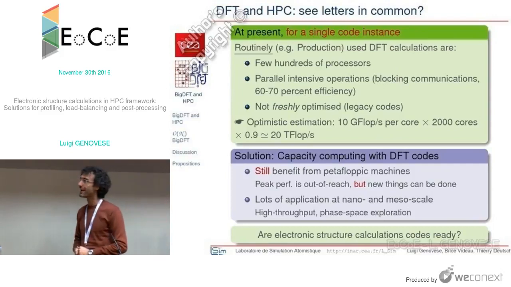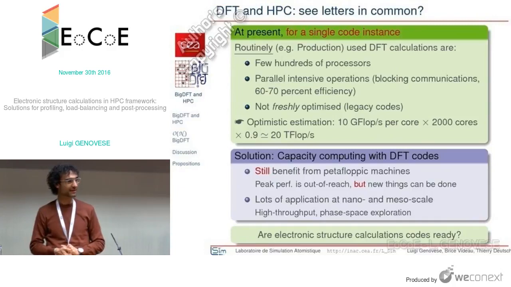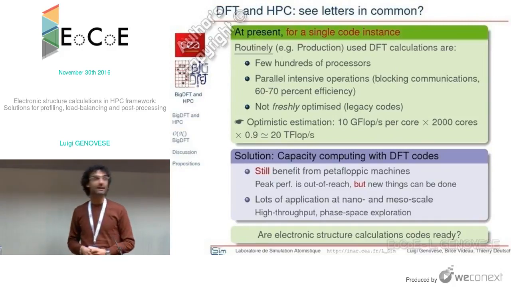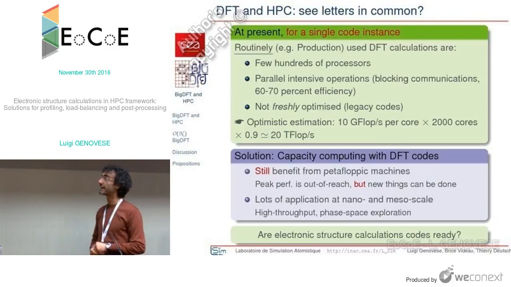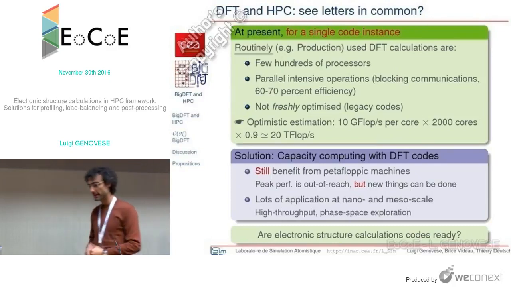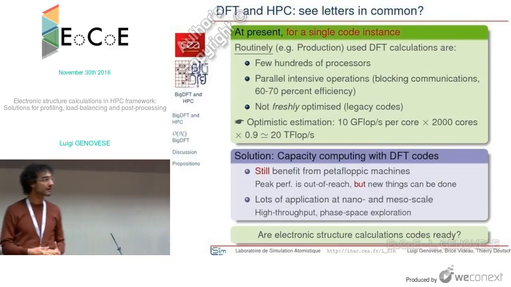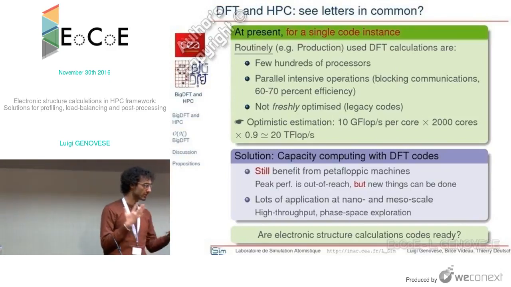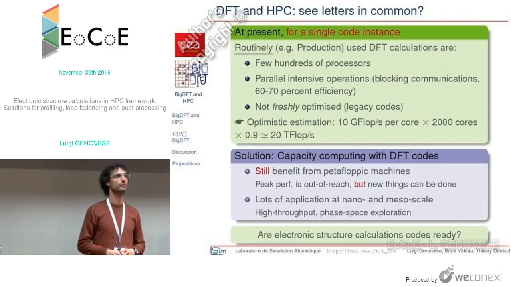I like to say that there are no letters in common between DFT and HPC. And the reason is that if one looks at what happens at the runtime of a DFT code, one might see that peak performance is really far from being reached. And there are a lot of reasons for that. I will try to explain some of them in the following slides.